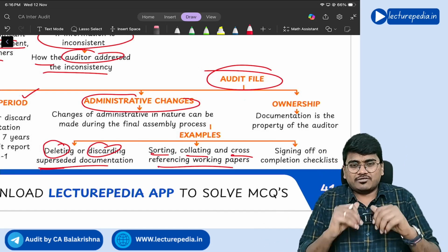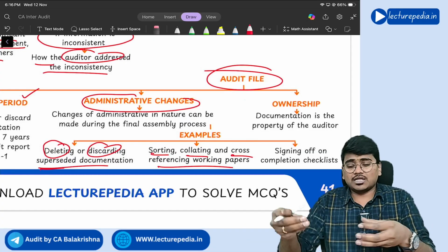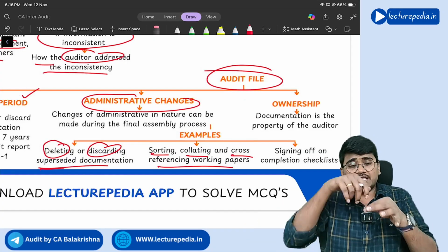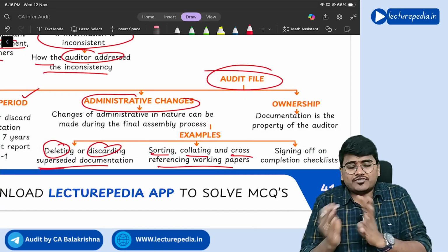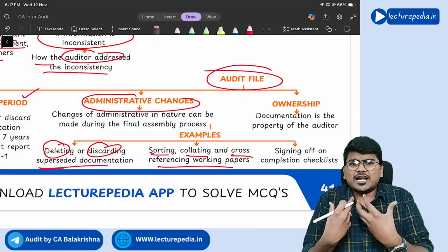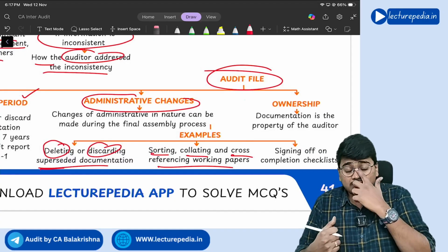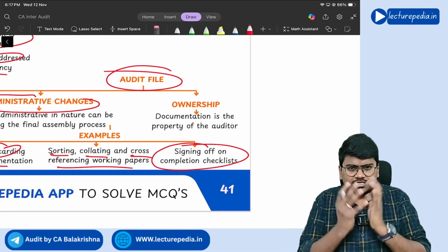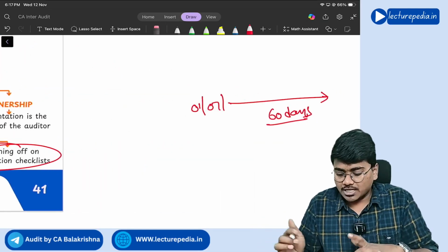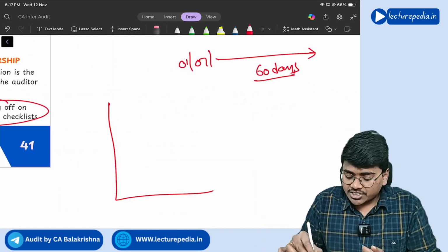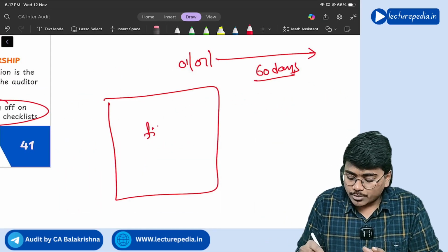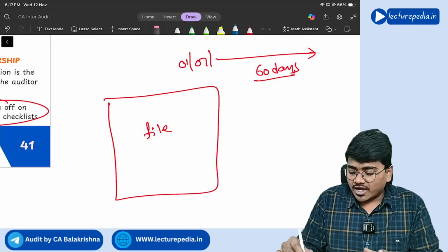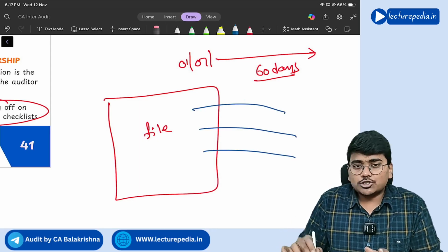Next, sorting, collating and cross referencing the working paper. So sorting the working papers, all the documents relating to particular item, taking them and pinning them, or cross referencing the documentation, this thing is an administrative change which you can do after 60 days also. Next, signing of the completion checklist. Signing of completion checklist means, see, in the audit documentation file, what are all the documents that should be included in this file?